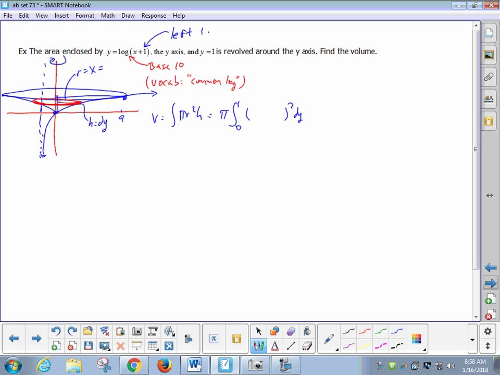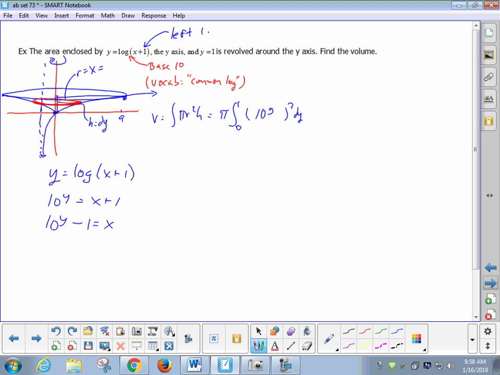Ten to the y. Perfect. And it is squared. Yep, my bad, sorry. 10 to the y. Is the minus 1 in with the y or outside the exponent? Y equals log x plus 1, so 10 to the y equals x plus 1. So you're right, outside.